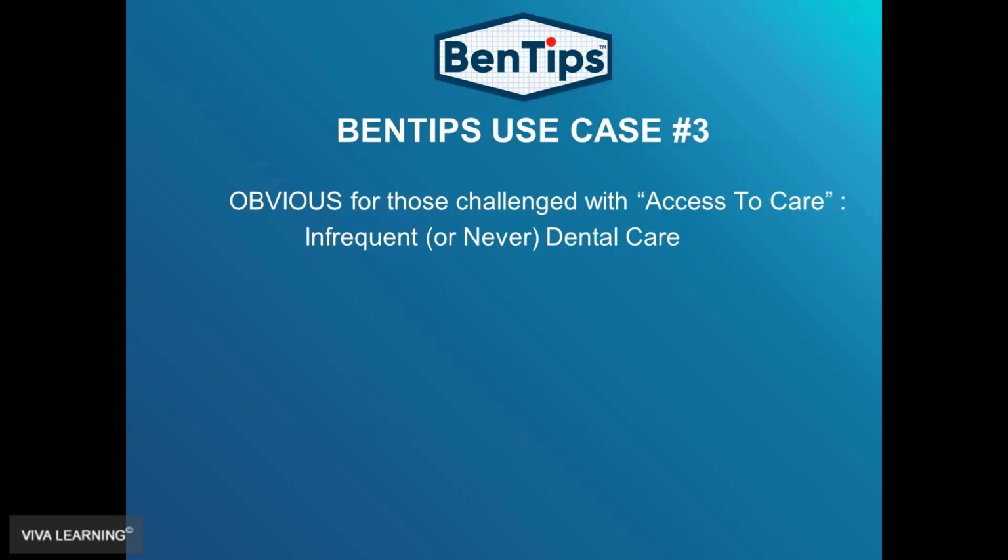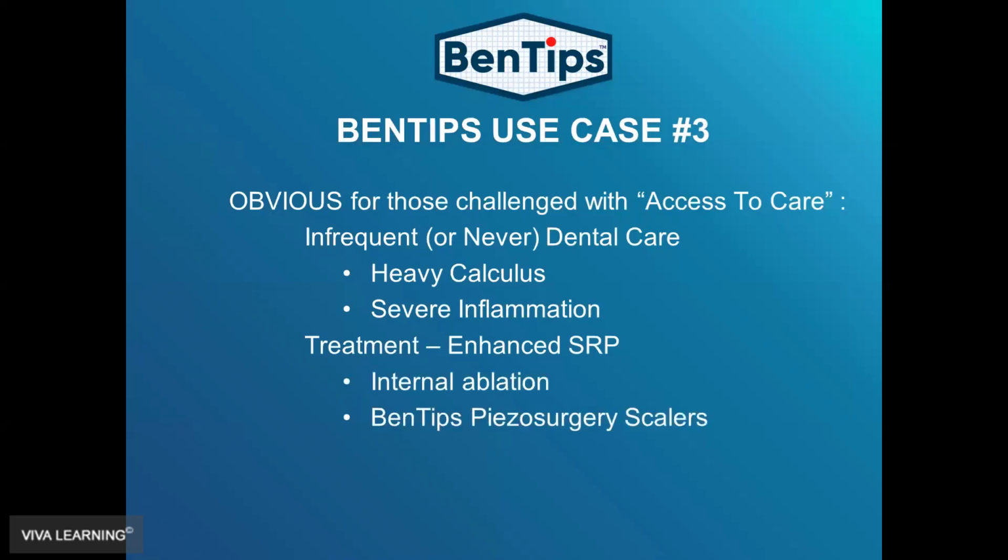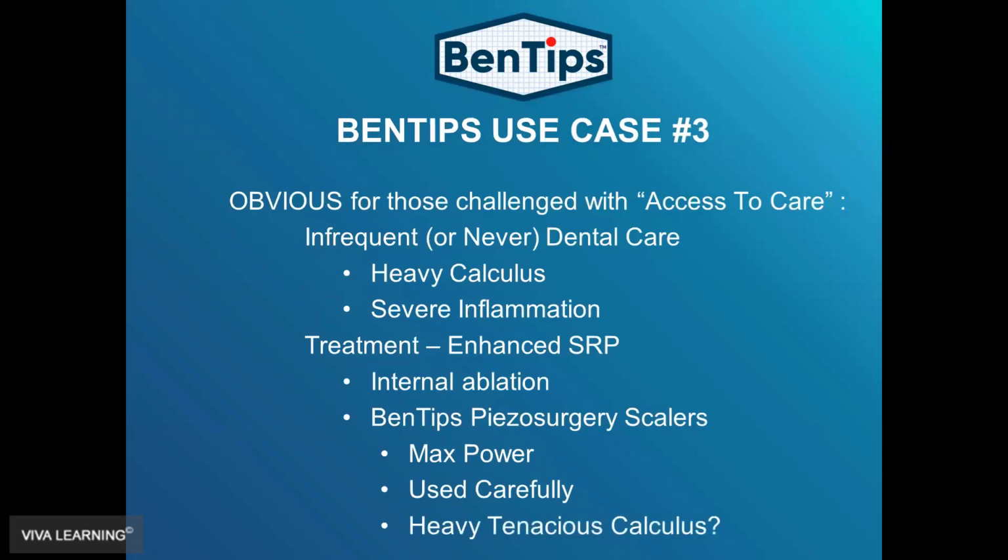She said, I've got 30 dentists and hygienists working for me, but our hygienist can only see 4 prophy patients a day because they're dealing with massive amounts of calculus. So heavy calculus, severe inflammation. The treatment? How about enhanced scaling and root planing? Get access to this, do internal ablation, and then use the BenTips piezo surgery scalers to get all this calculus off on max power, used carefully. All that heavy, tenacious calculus, just like the movie, gone in 60 seconds or less.